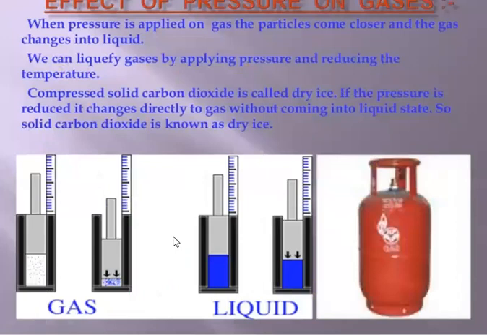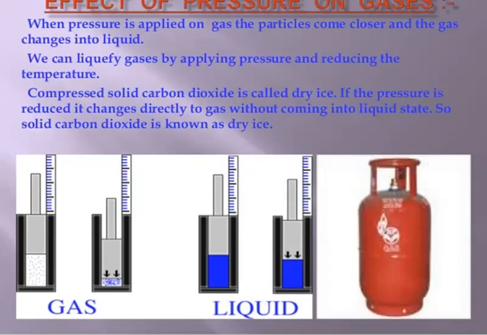Effect of pressure on gases. When pressure is applied on gas, the particles come closer and the gas changes into liquid. We can liquefy gases by applying pressure and reducing the temperature. This is very commonly observed in LPG, CNG, oxygen, nitrogen, and hydrogen gas cylinders.